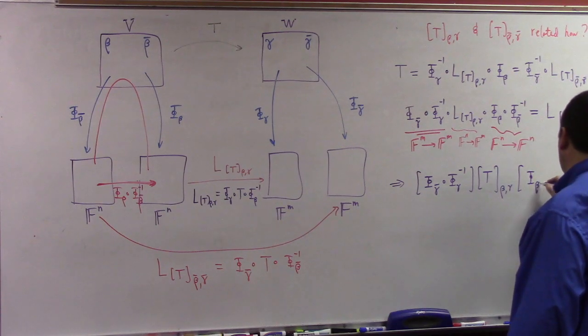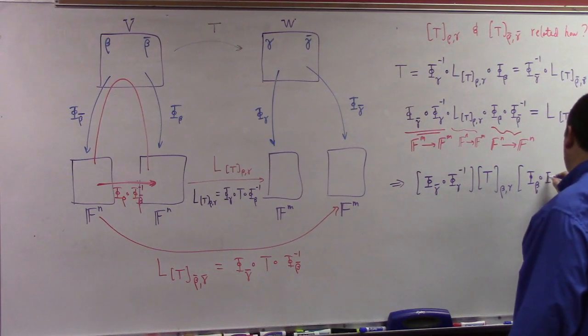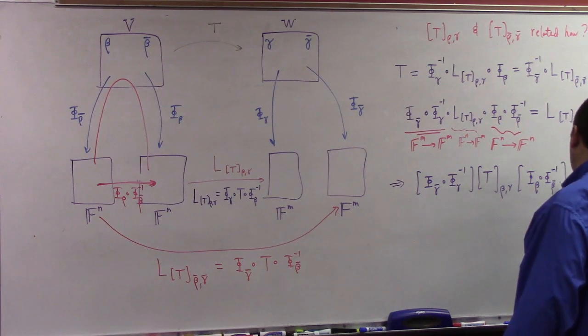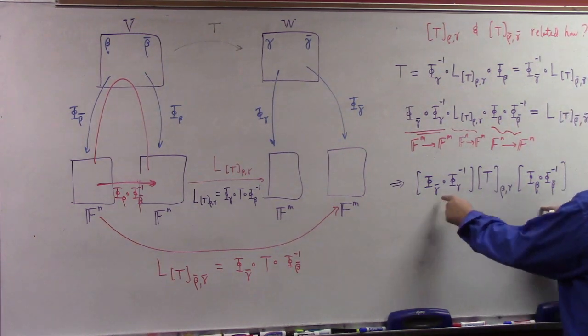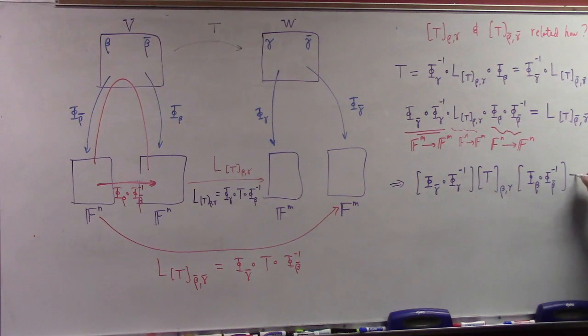And so these things I'm writing, the matrix of phi beta composed with phi beta inverse, these are the coordinate change matrices that your textbook, if you had one, would probably be calling like P or Q or some such dumb thing.